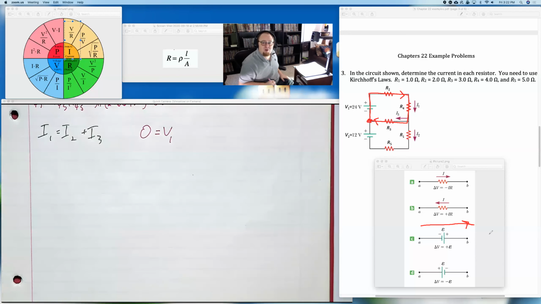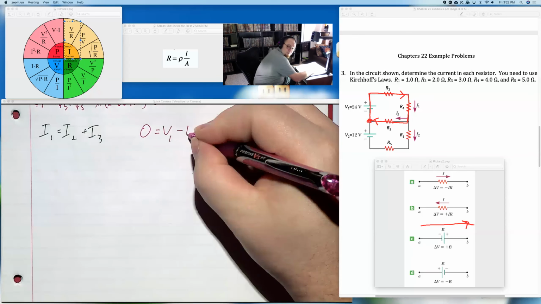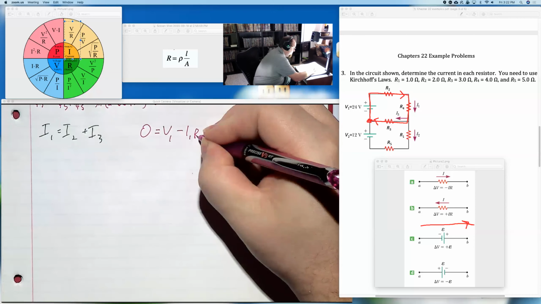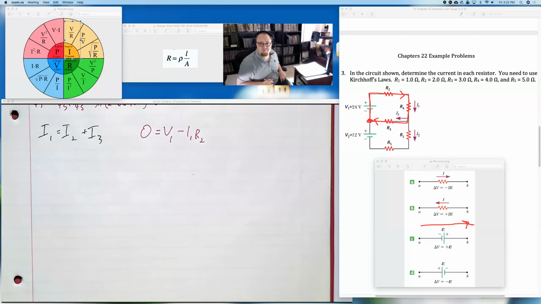I then pass R2. I pass R2 in the same direction as the current because I1 is going to the right and we're going to the right. So that's going to be negative. Now that is R2, and I1 is passing through it, so that is minus I1 R2, because that's the potential through a resistor.